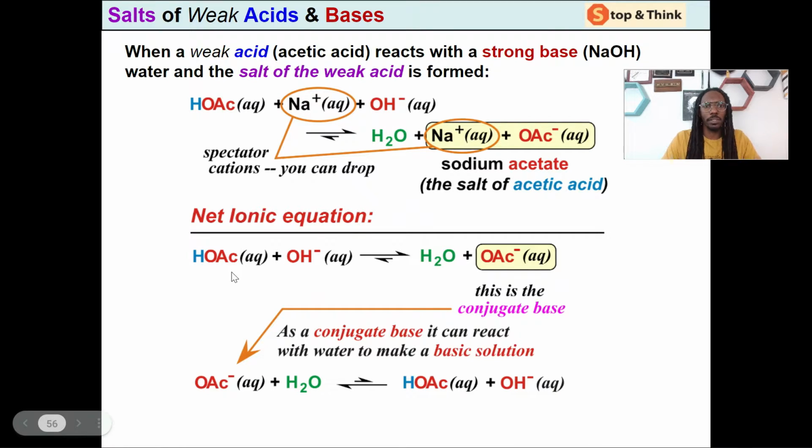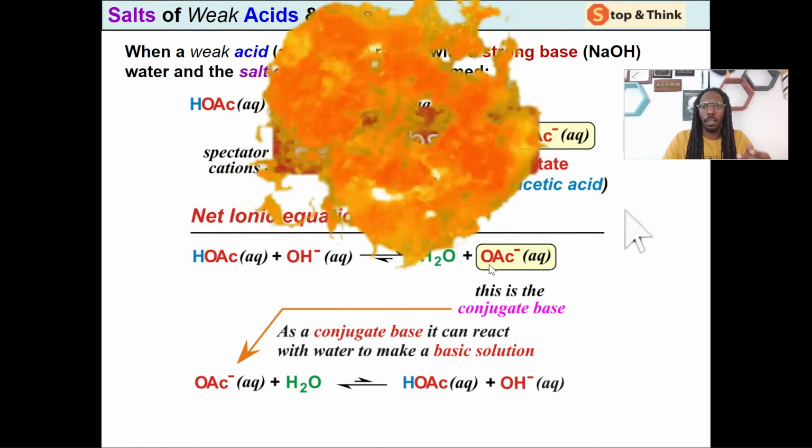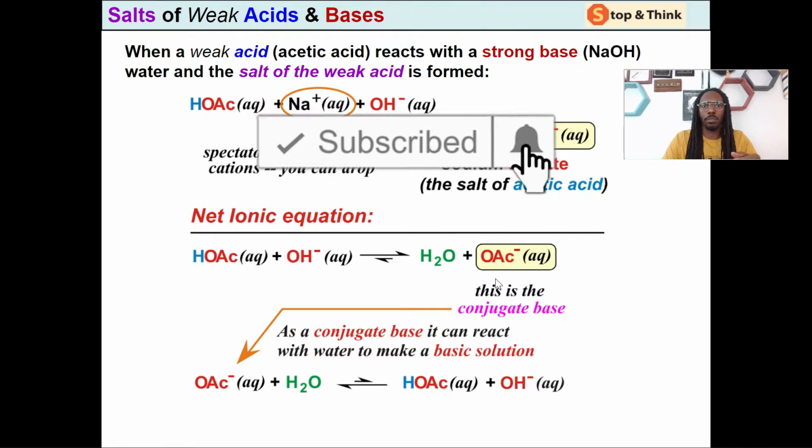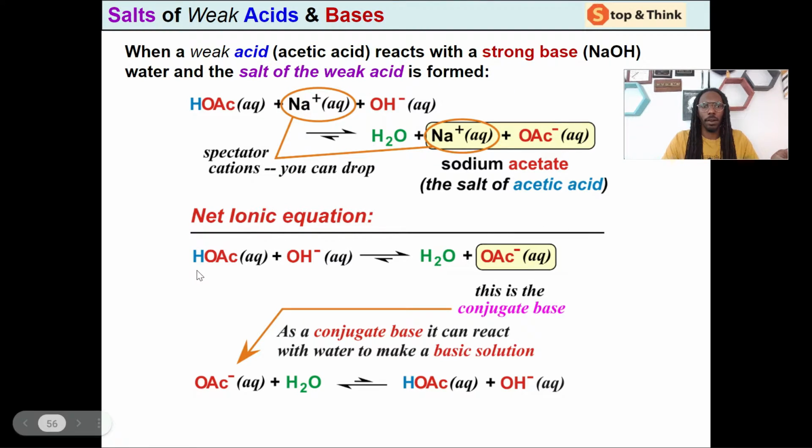We have our acetic acid reacting with the OH from our strong base to produce the salt, or in this case, that conjugate base. Once again, this is a conjugate base, without the hydrogen right here.